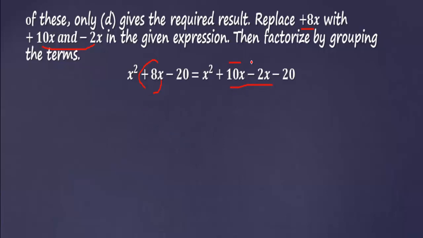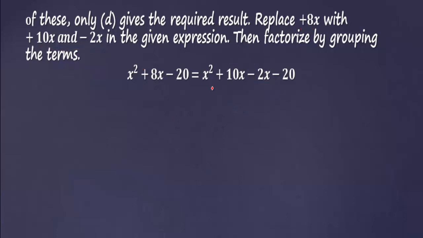Because when you do this, you are still going to get plus 8x already. That's what you are going to get. Are you getting it? That means we can replace it with this. So having done that, then you can go further.